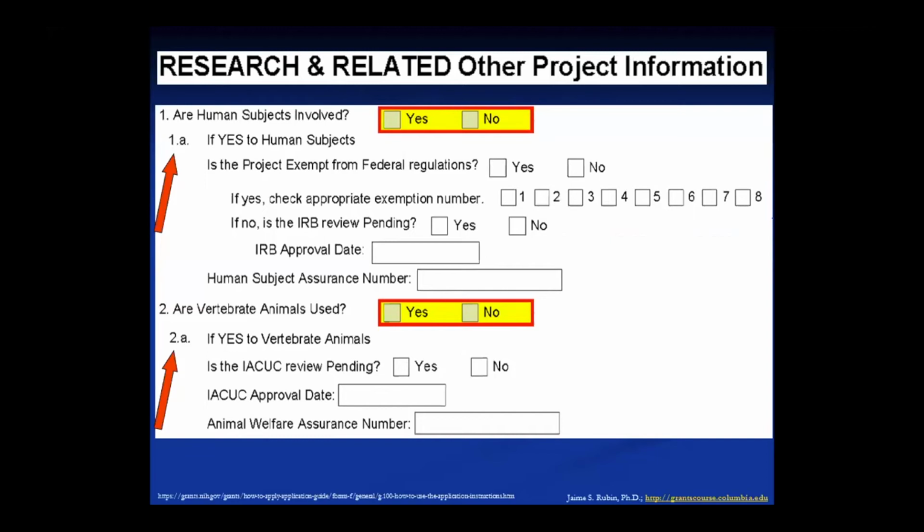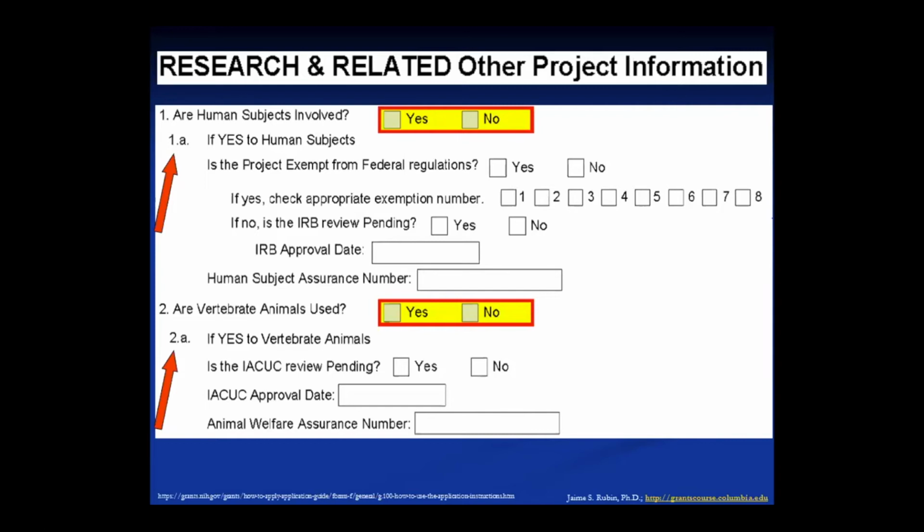That's not necessarily the case. It might meet the definition of research with human subjects. It might meet the definition of exempt. Go to your IRB, your institutional review board that makes these determinations, and let them determine whether what you're proposing meets the definition of doing research with human subjects, if it's exempt, and what exempt number if it is exempt.